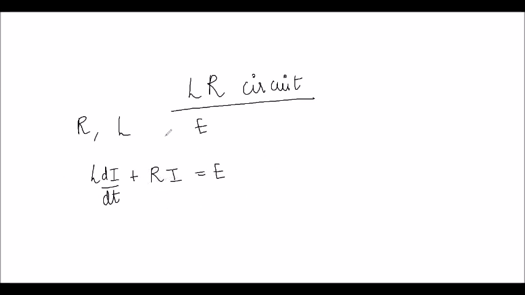When we see this differential equation, we can easily identify that I, the current, is the dependent variable, and it is a function of t. t is the independent variable. This differential equation has order 1.